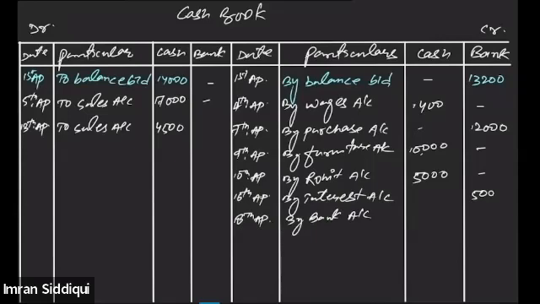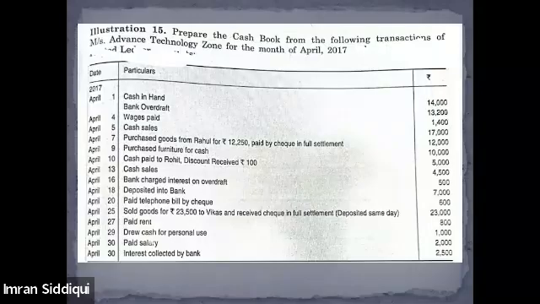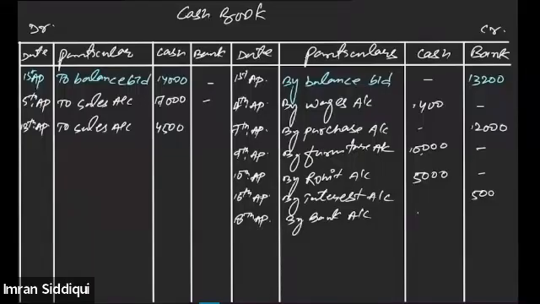So therefore, on the credit side, we'll record bank account 7,000. And at the same time, on the debit side of the cash book, we'll write to cash account 7,000. So bank balance will increase by 7,000.